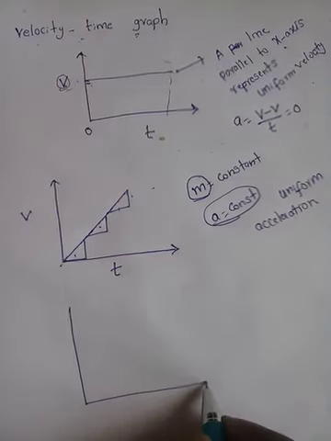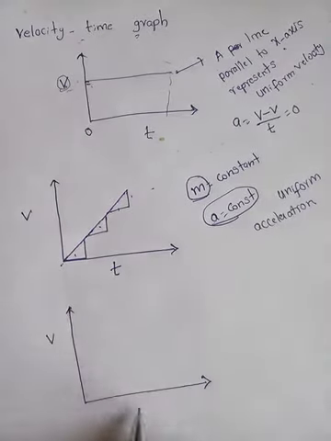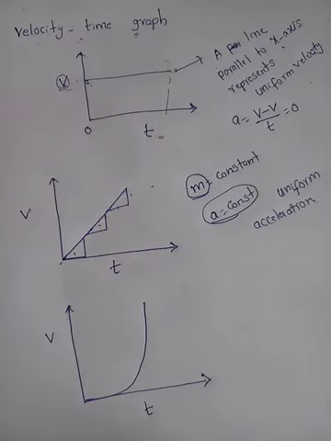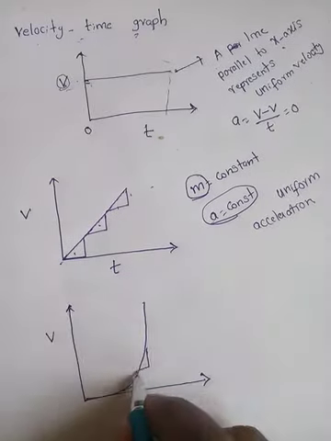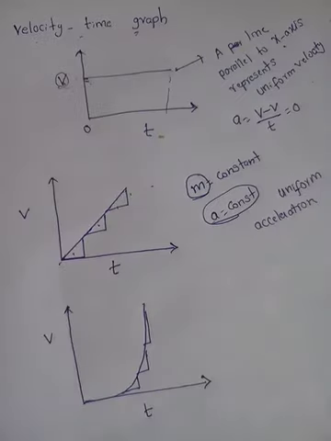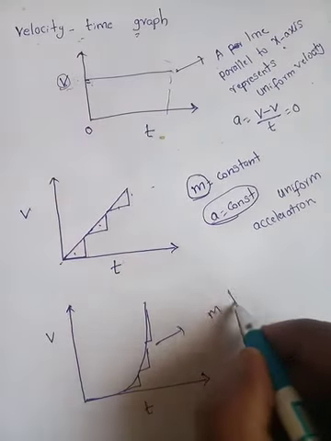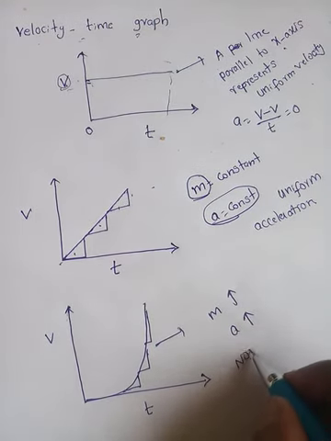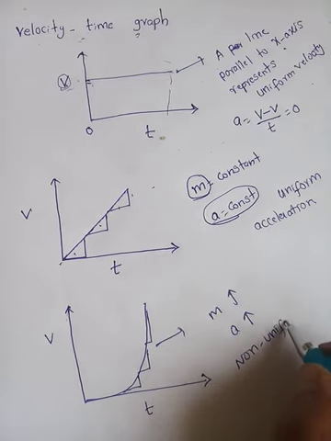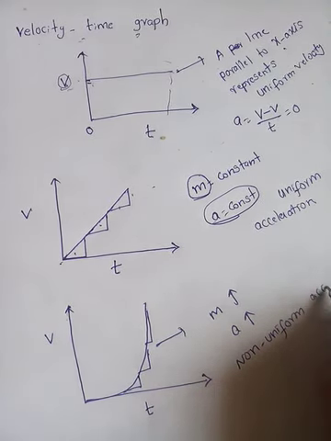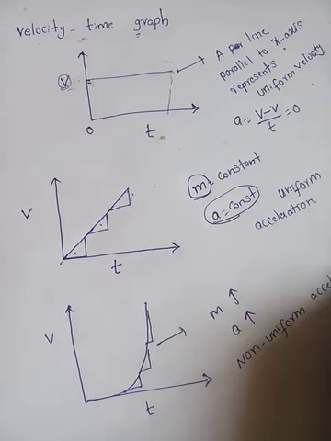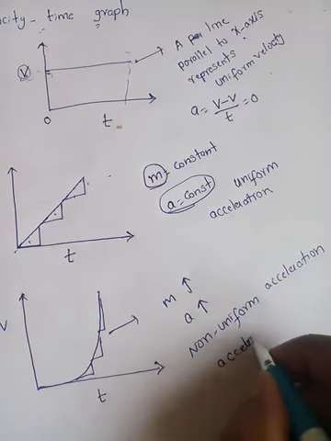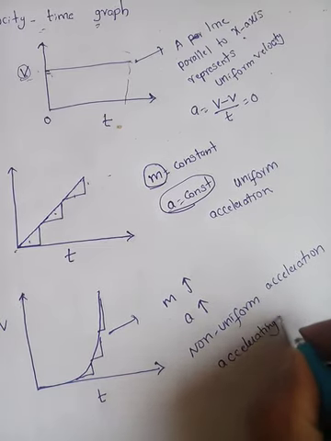Next, here the slope is increasing, so acceleration is also increasing. So this represents non-uniform acceleration, meaning an accelerating body, where velocity keeps on increasing.